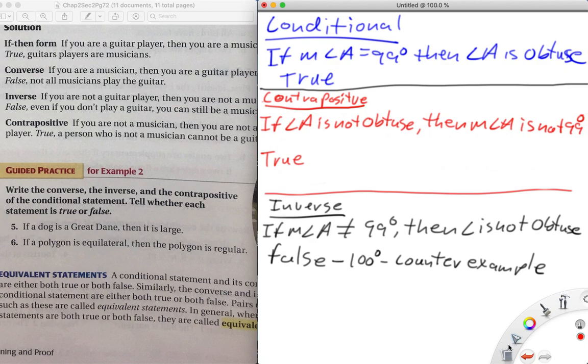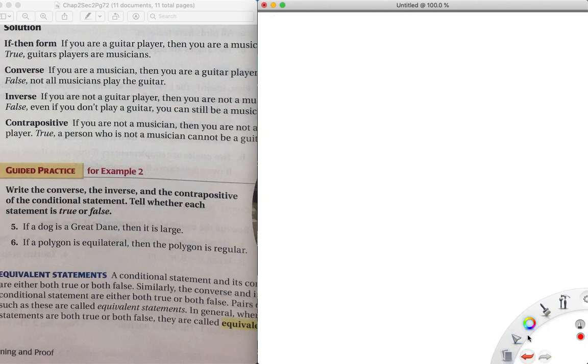Okay. So let's look at a couple examples. So we have, if a dog is a Great Dane, this is the conditional. I'm going to put GD for Great Dane, then it is large.